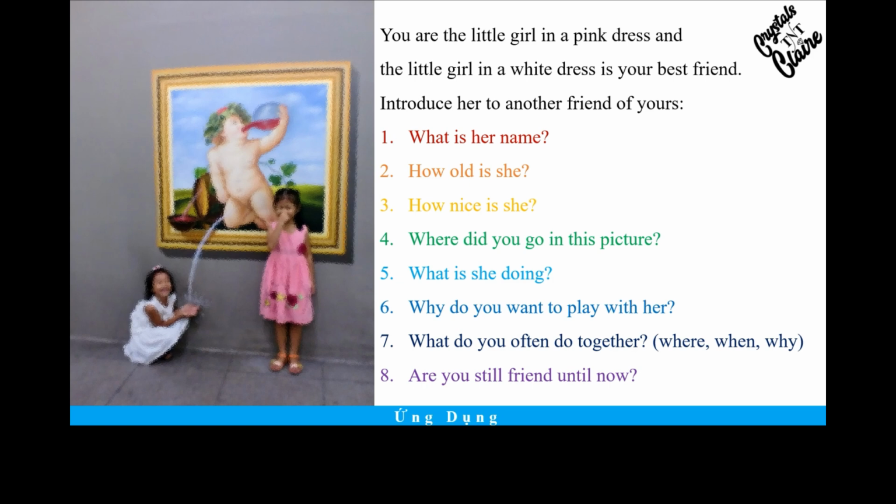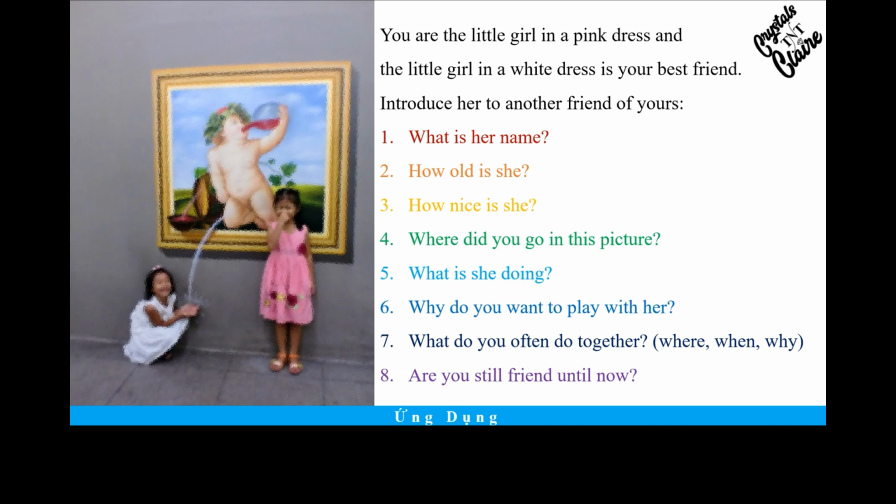Okay, or when you grow up, you are not friends anymore. You have different roots, different orientations, so you are no longer friends. Okay, so whenever you describe, you don't have to say number 1, number 2, number 3, answer the question, but those questions are just for you to brainstorm ideas.